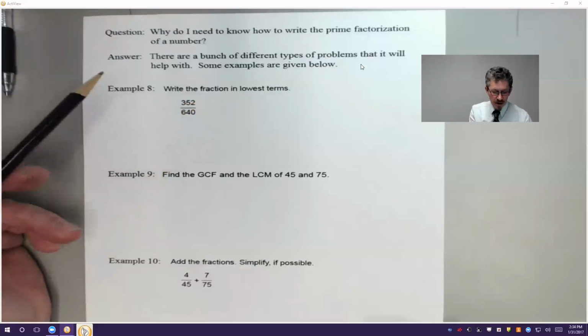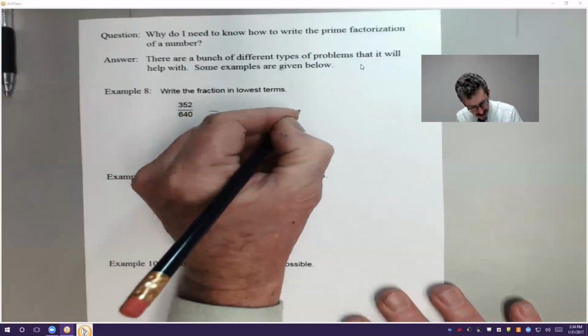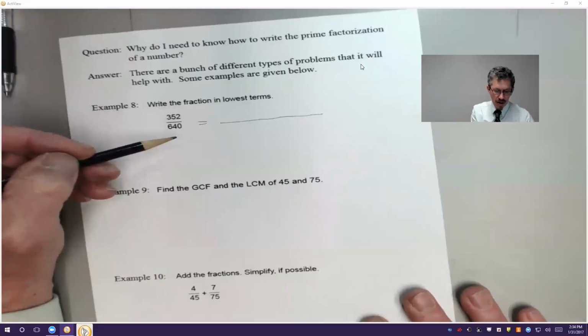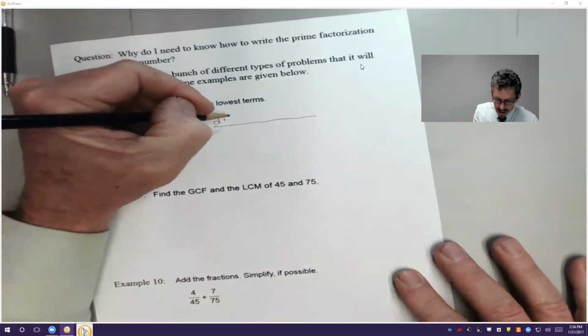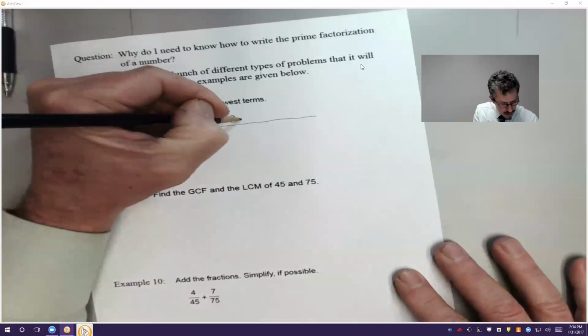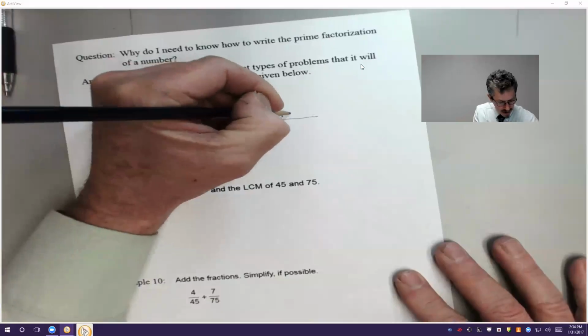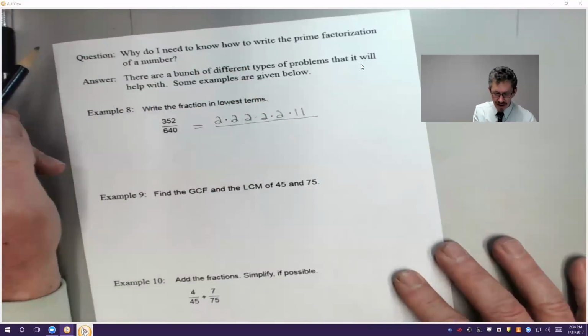One of the ways that you can do that is to write the prime factorization of both the numerator and the denominator. I've already worked it out. 352 is equal to 2 times 2 times 2 times 2 times 2 times 11. 640, I've worked that out as well.